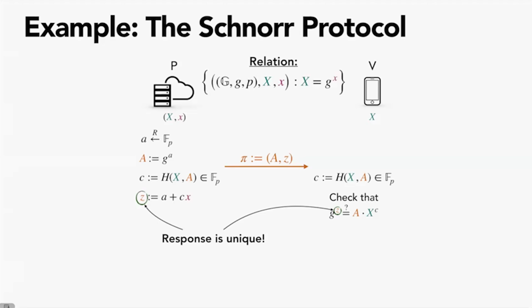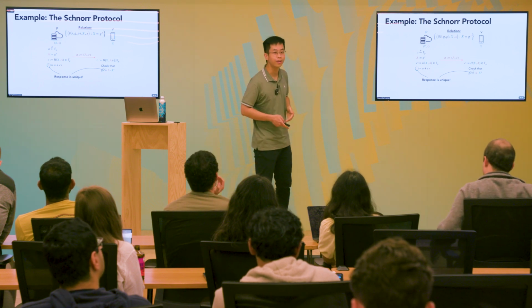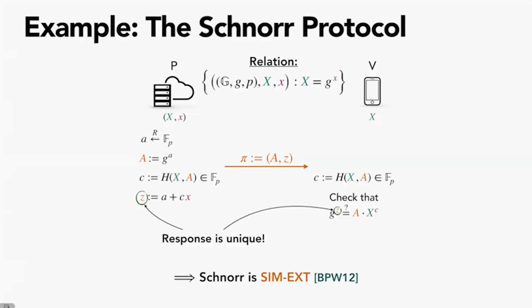So in this case, the unique response just holds with probability 1. And then we derived this prior result back in 2012 that this SNARK is simulation extractable. But now let's try to go into more complicated protocols.